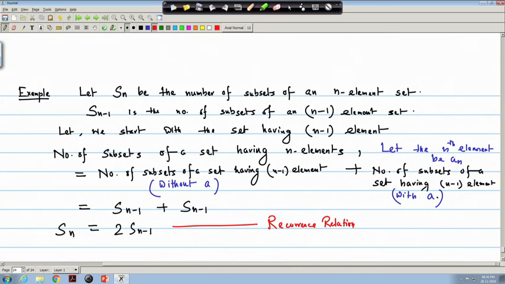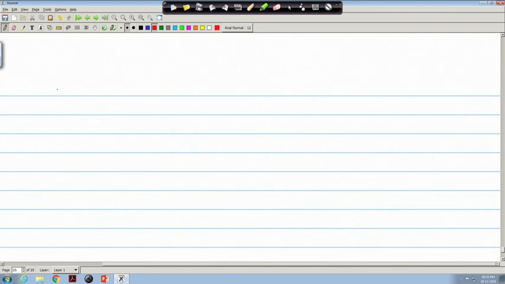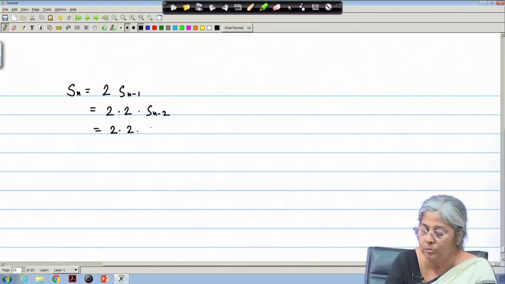Now, we can get the explicit formula also. For this example, if I start with Sn equal to 2 Sn minus 1, that is 2 into 2 Sn minus 2, which is 2 into 2 into 2 into Sn minus 3, that is 2 cube into Sn minus 3.